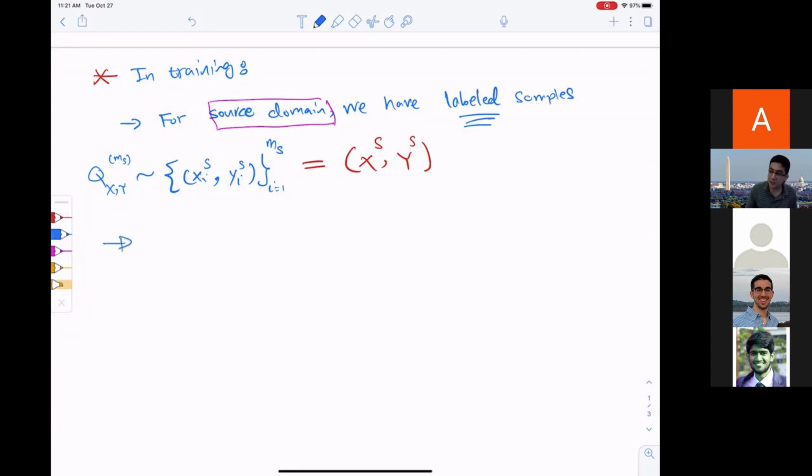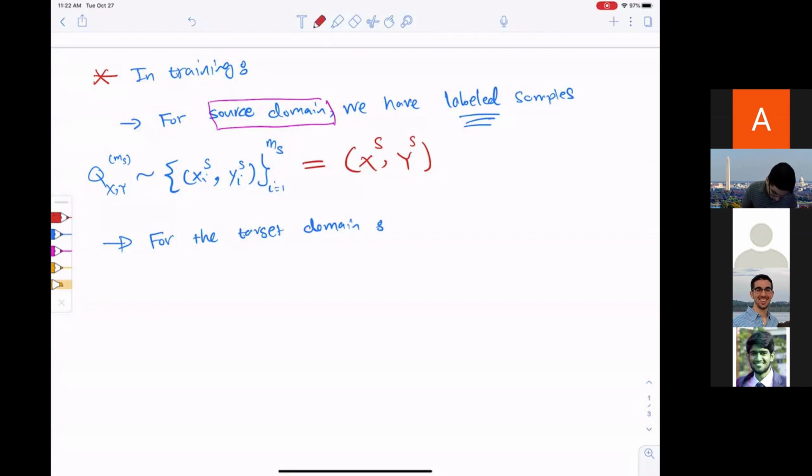So what about the target domain? The domain that I want, that's my ultimate goal, right? The performance in the target domain is my ultimate goal. I really don't care about the source domain. For the target domain, we may end up in different situations.